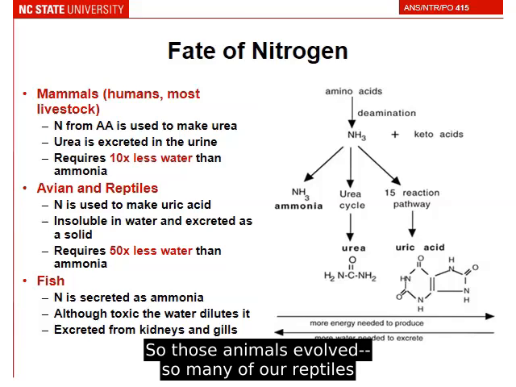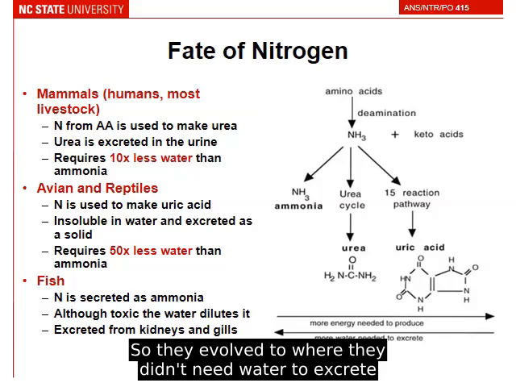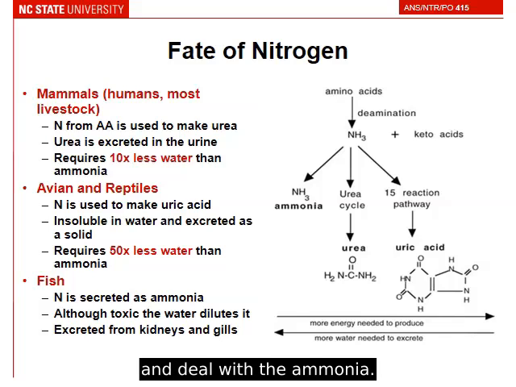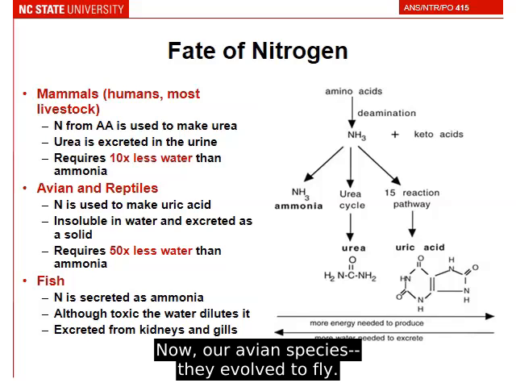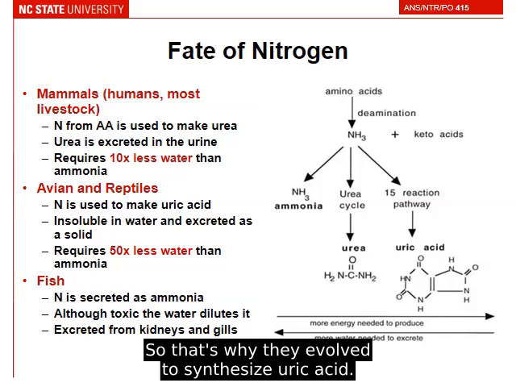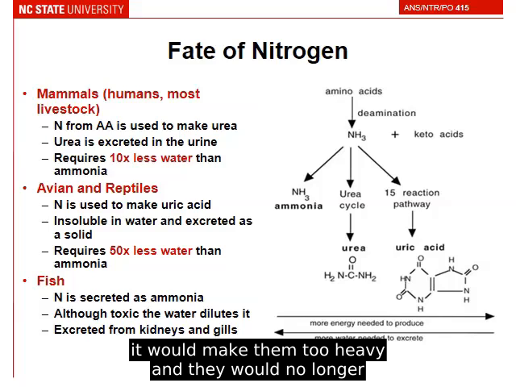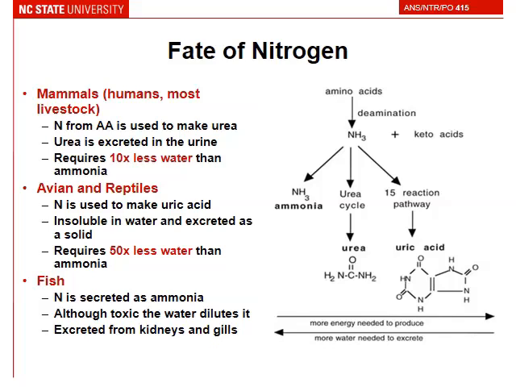Many of our reptiles are living in the desert where there's inadequate water, so they evolved to where they didn't need water to excrete and deal with the ammonia. Now, our avian species, they evolved to fly, so they needed something lightweight. That's why they evolved to synthesize uric acid, because if they were to make urea, it would make them too heavy and they would no longer be able to fly.